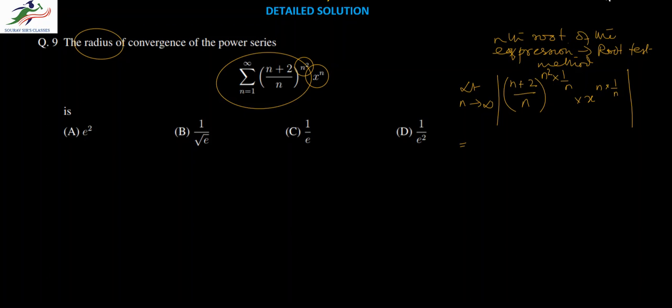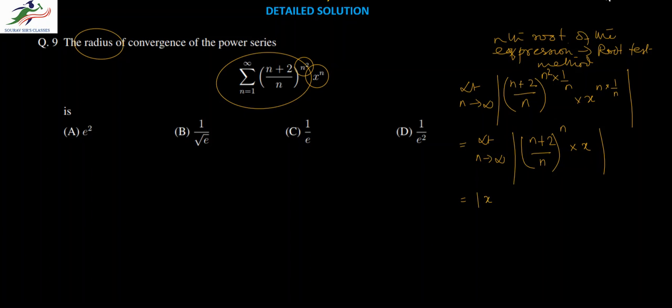So this would be limit n tending to infinity mod of (n plus 2 by n) whole to the power n multiplied by x. Now we have x free from n and we can bring it out of the limit.